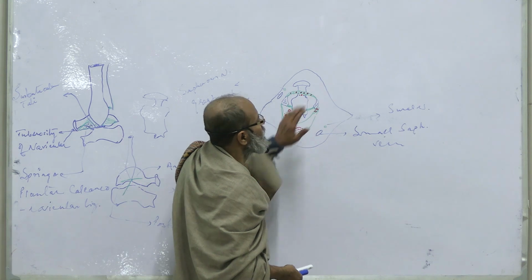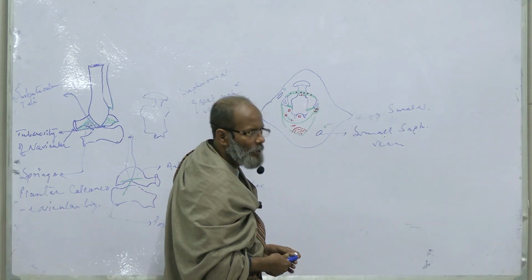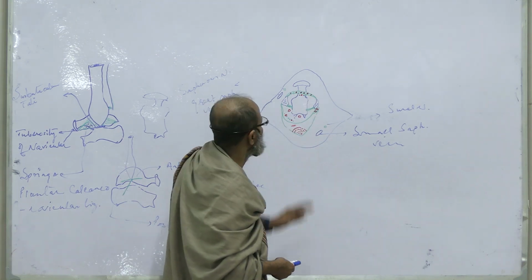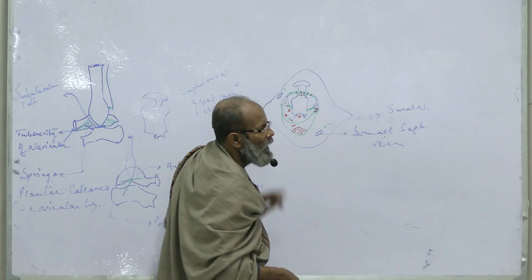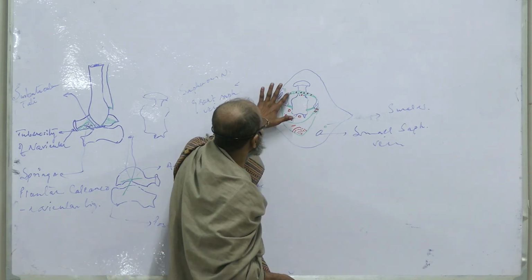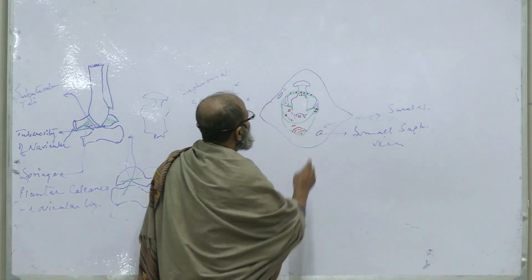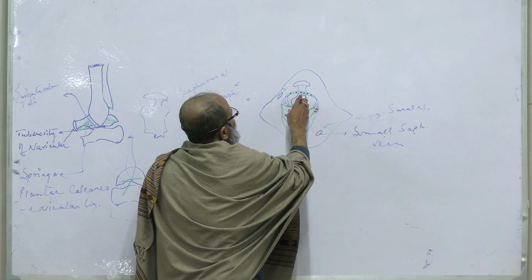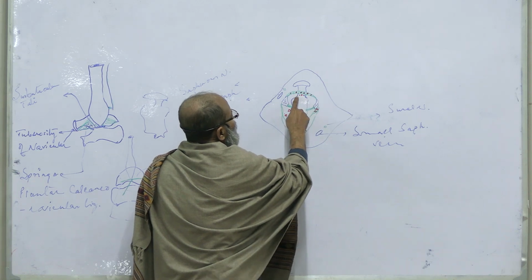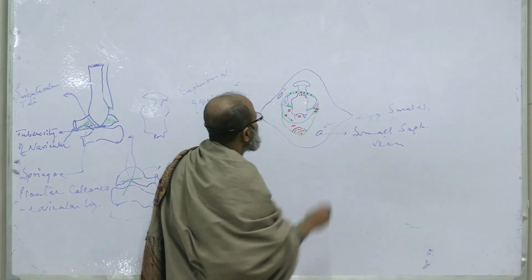So these are the four tendons of extensor digitorum longus. Then the extensor hallucis longus, and this one is the tibialis anterior. Right? This is the anterior tibial vessels. This is the anterior tibial artery with venae comitantes.